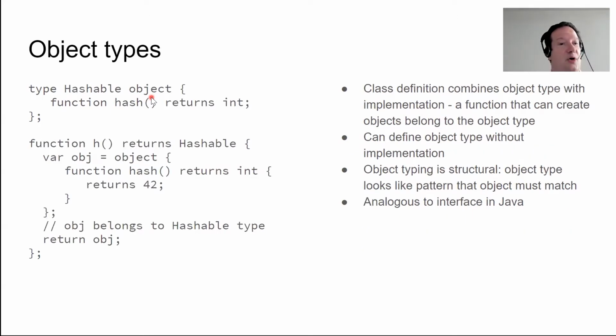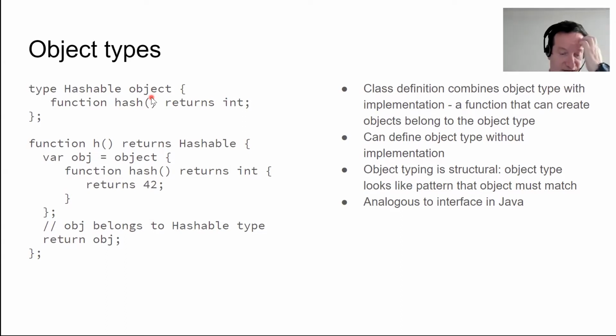Okay, so we've seen object constructors, and we've seen classes as the way to create objects. We also have object types. So an object type is just a type for an object.